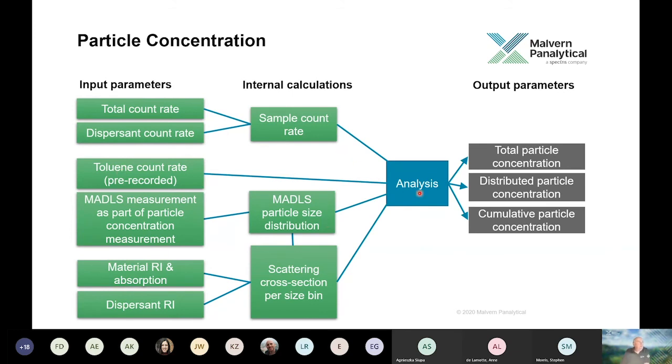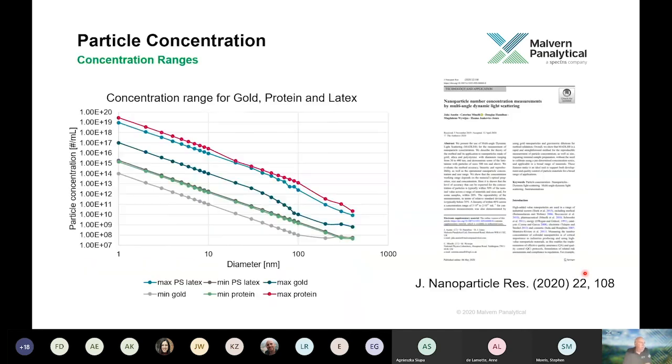So we take all this information into the analysis, and we now get the total particle concentration, the distributed particle concentration, and the cumulated particle concentration. So that gives you a bit of background as to what goes on. That might seem very complicated, but the actual measurement itself is pretty trivial to perform. All of this is going on in the background, if you like.